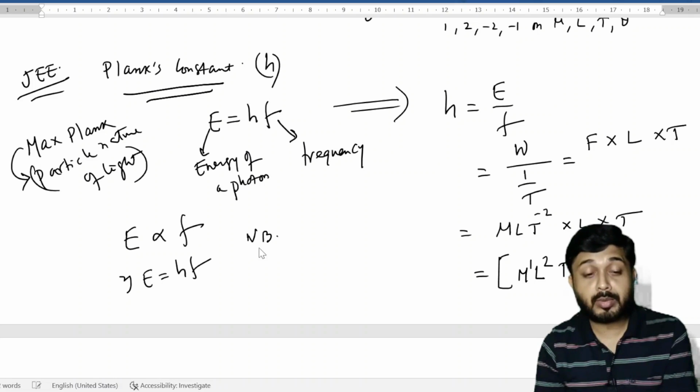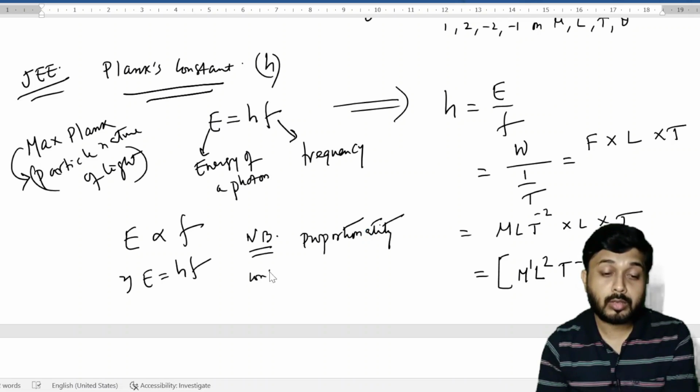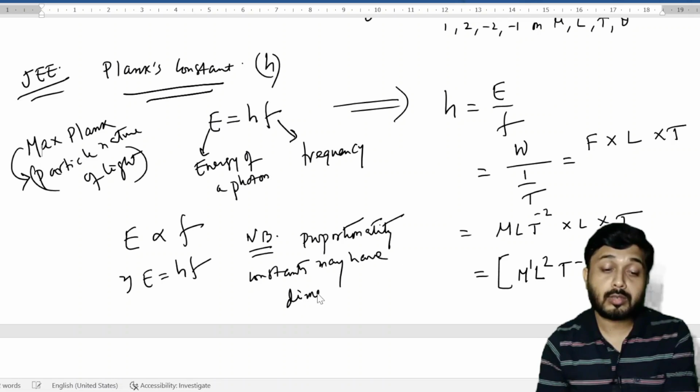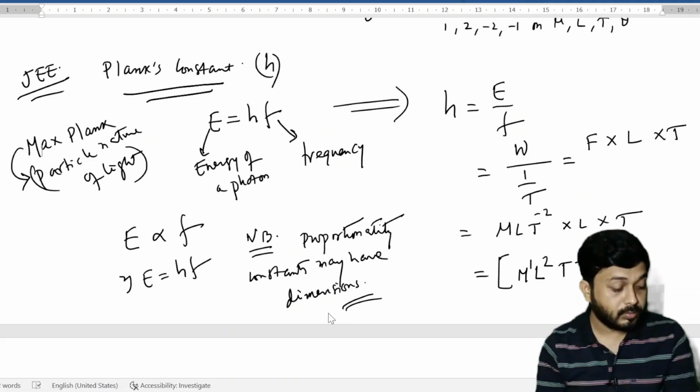Proportionality constants may have dimensions.